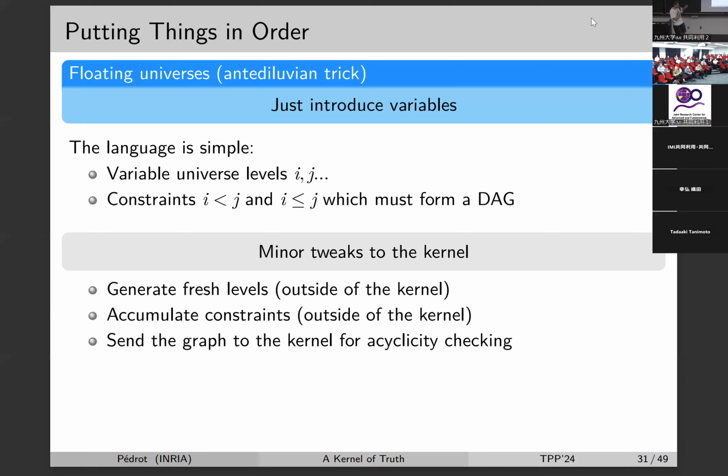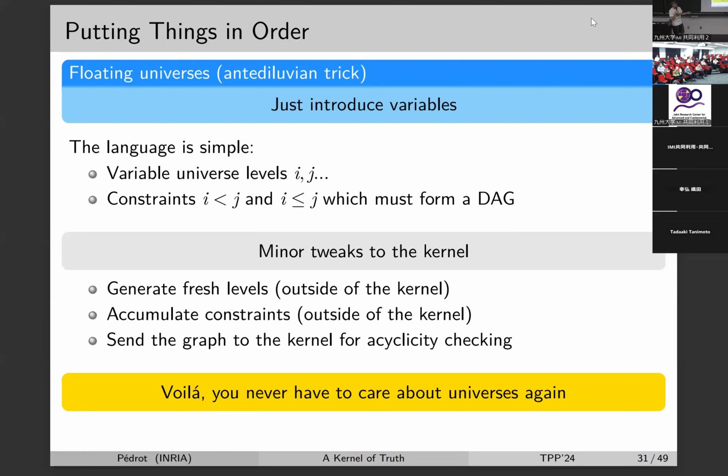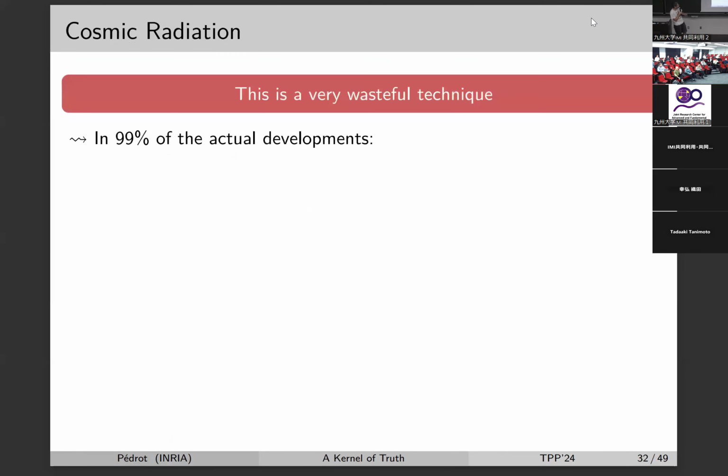You have constraints that are added outside of the kernel, and then you just send the graph to the kernel, and it says yes, it's acyclic, or no, it's not acyclic, and then you did something wrong. So it's a very easy thing to implement, and it's solved because now you don't have to care about universes. You just have these free variables everywhere.